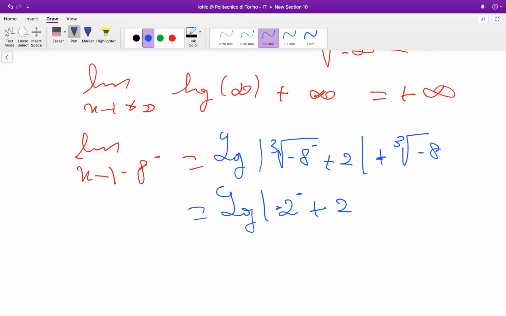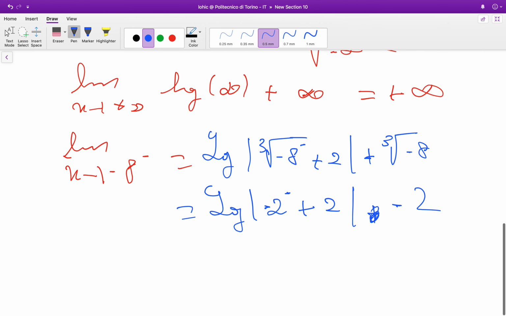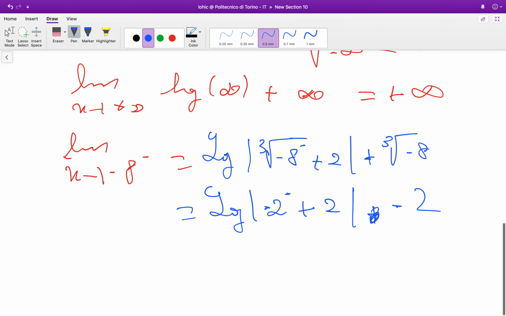Okay, and then here is the absolute value plus here the cubic root of minus 8 is minus 2. So it gives you the logarithm of minus 2 minus, it means that you are to this side, so minus 2 minus will be minus 2.0001.